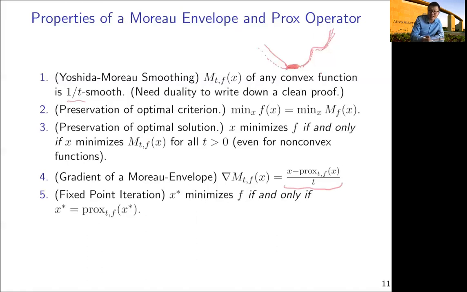And does this remind people of something? Like we talked about the algorithm, proximal gradient descent. We talked about the proximal point method. Yeah, exactly. So the gradient of the envelope actually corresponds very nicely to Nesterov's gradient map.